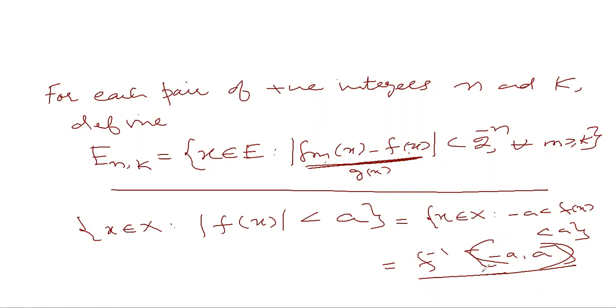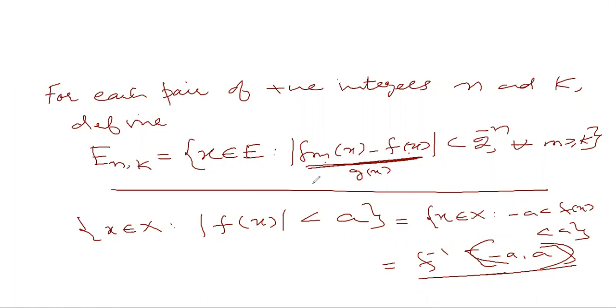An open interval is an open set, so it is an inverse image of an open set. Since f is measurable, the inverse image of every open set is measurable. So whenever f is a measurable function, the set of x such that the modulus of f(x) is less than a is always measurable for each a.